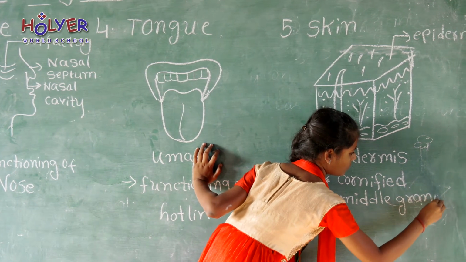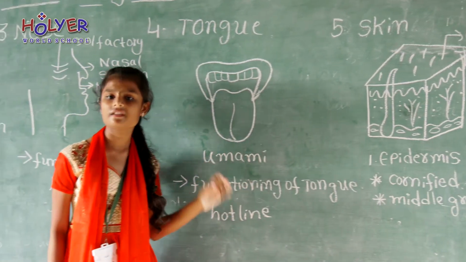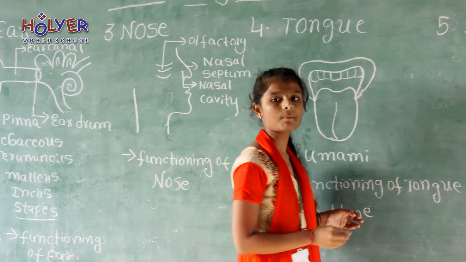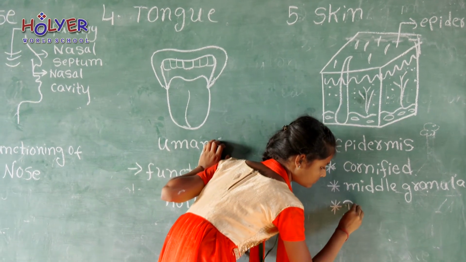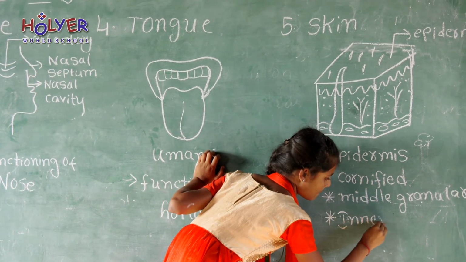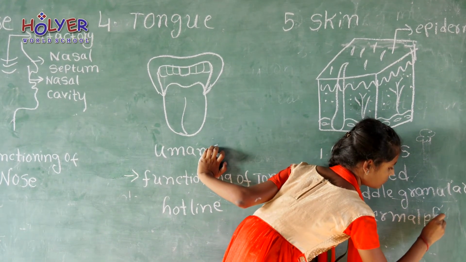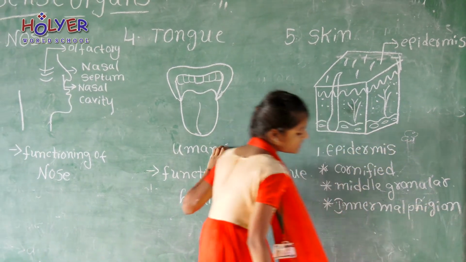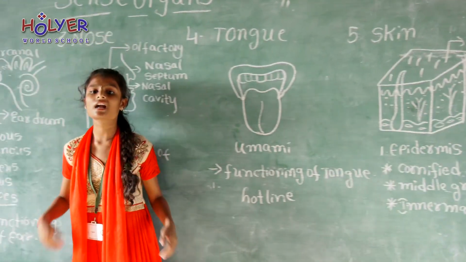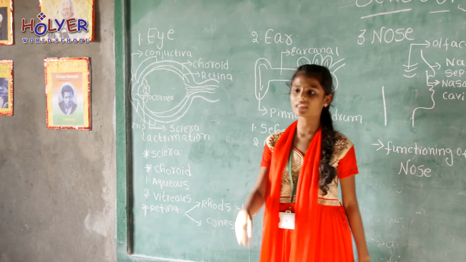This middle granular layer contains living cells, and final one is the inner malpighian layer. This inner malpighian layer contains continuously dividing cells. That means the cells divide continuously throughout life.